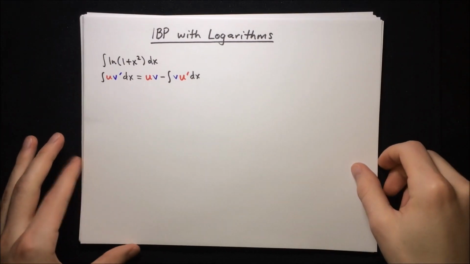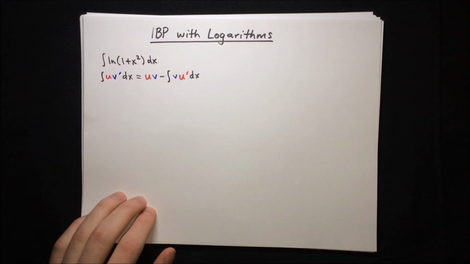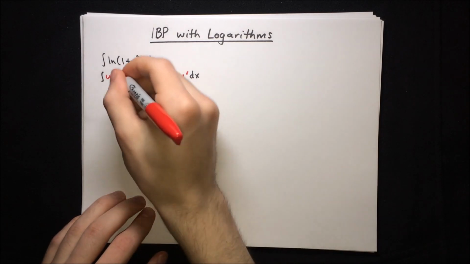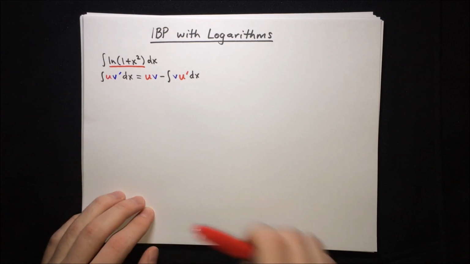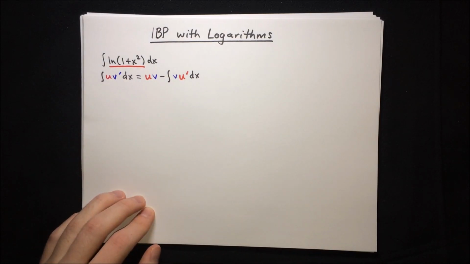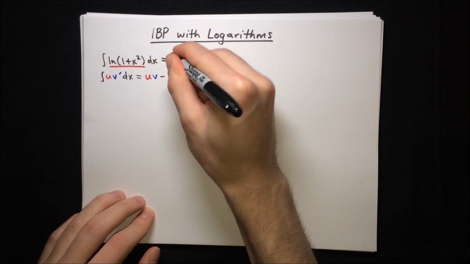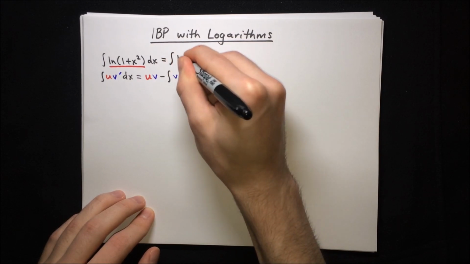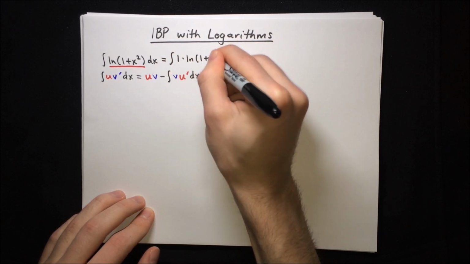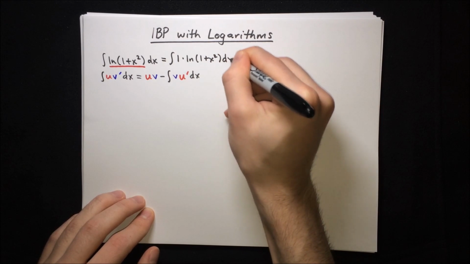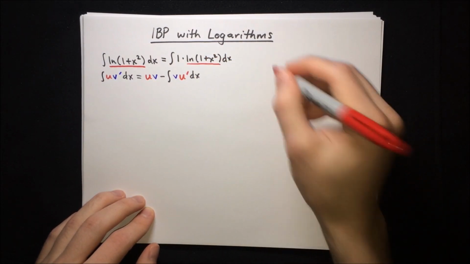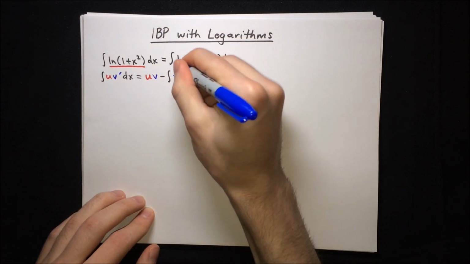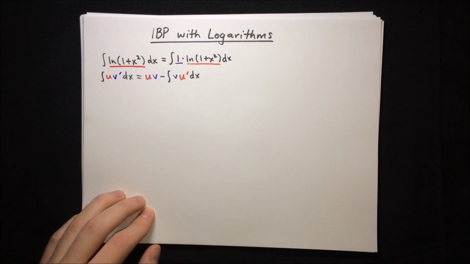Our final example is a little bit trickier because we still want to choose u as the natural log, but then what do we choose v prime as? There aren't any other terms in this integral. So the trick here is to rewrite the integral with another term. We're going to have 1 times natural log of 1 plus x squared. That way we can keep our choice of the natural log as u, and then 1 can be our v prime.